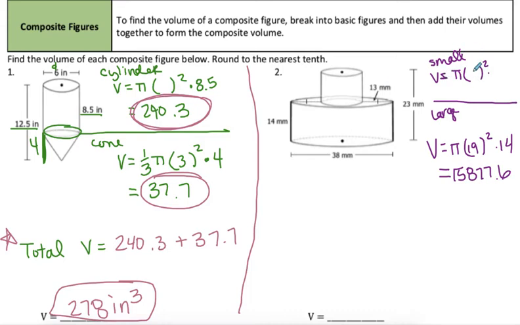We still need a radius and a height here, and they didn't give us either one of those. So let's look at what we can figure out. We know that this all the way across is 38. So we'd have to agree that this is 38 as well. They have given us this piece of information that here is 13, but that's not part of my cylinder.